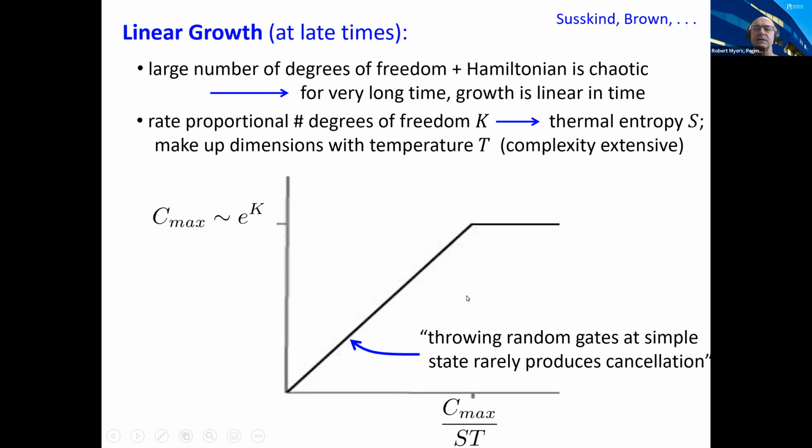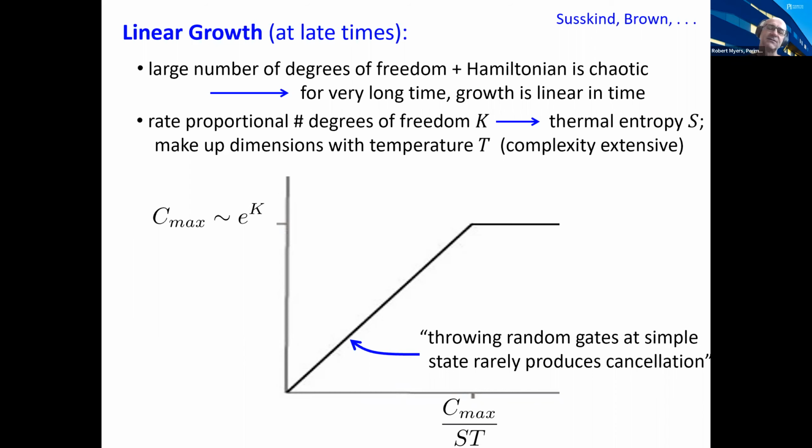And what they argued is that when I'm evolving that in time, I can think that I'm putting down local gates coming from operations in the Hamiltonian, and I'm applying them to different degrees of freedom. Because the system's large, I can think that I'm more or less throwing down these gates at random, acting on various groups of spins or degrees of freedom.